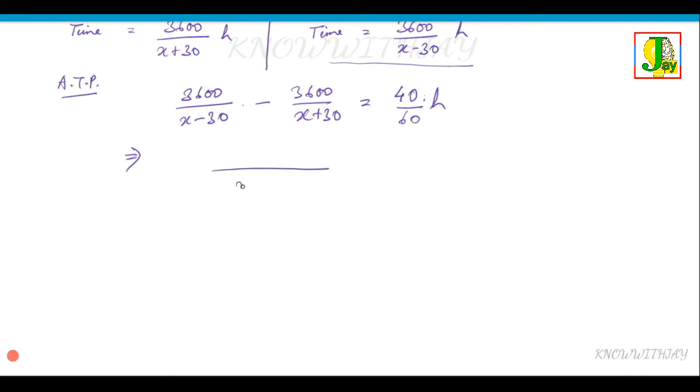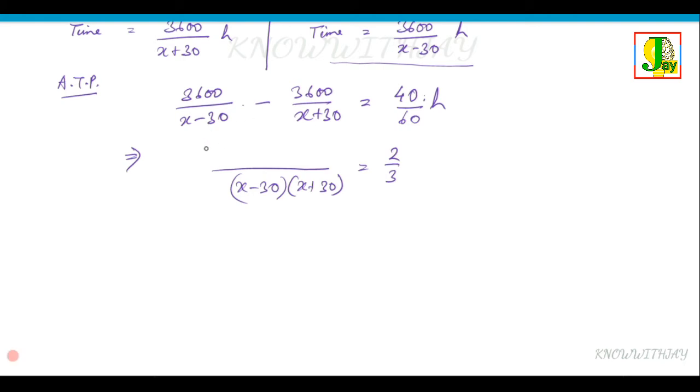That's x minus 30 into x plus 30 equals, this is 2 by 3, and in the numerator you have 3600x. Here also you'll have 3600x, which are of opposite signs, so they get cancelled.